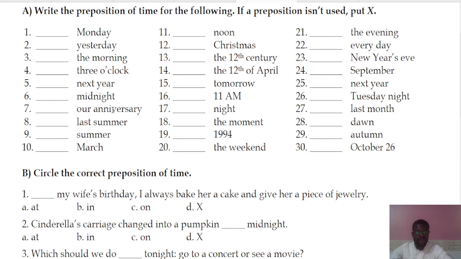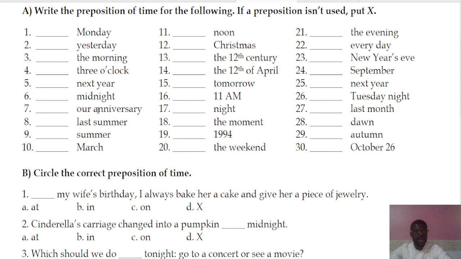Then summer. When we talk about, oh, I missed this one. Our anniversary. Our anniversary means, for example, your parents, they are married for a long time. After a year of being married, they say they are celebrating their 1-year anniversary.